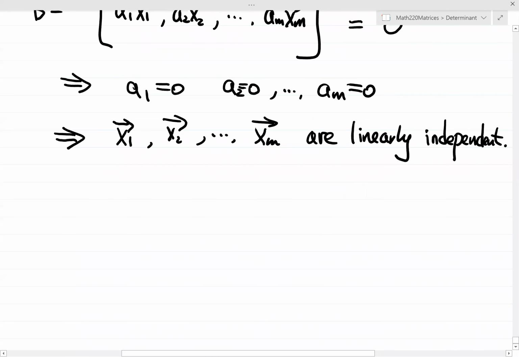Now remember when we solve for the eigenvalues, we actually find zeros of the characteristic polynomial. We already defined it.